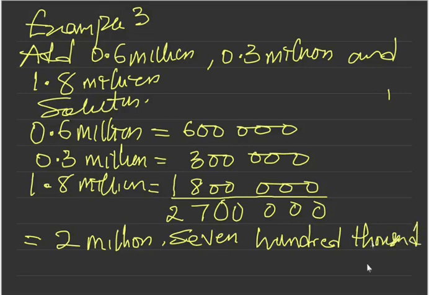So that is how it looks like. This is how we use whole numbers in real life. This is just one part of the applications of numbers in real life.